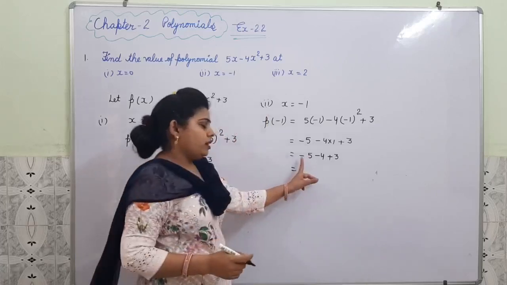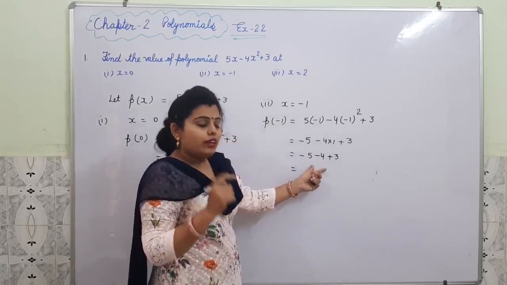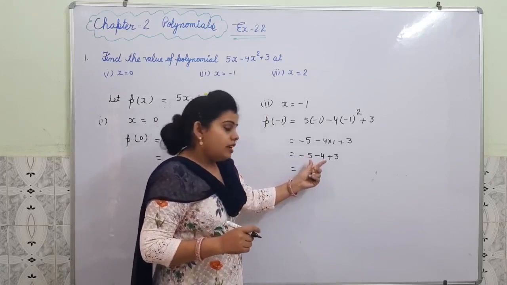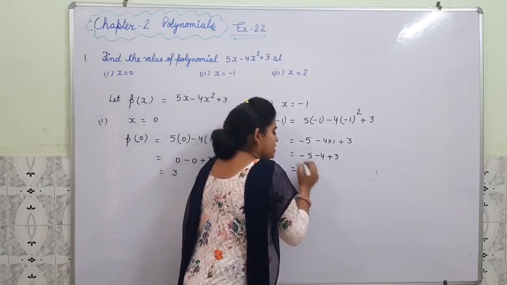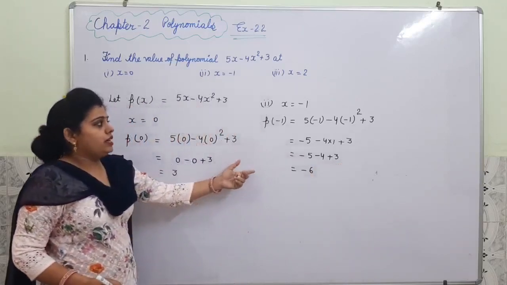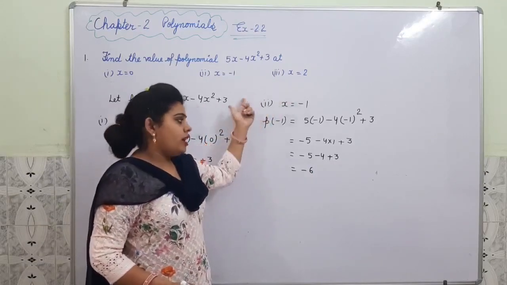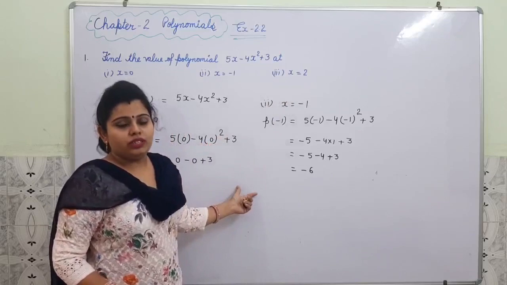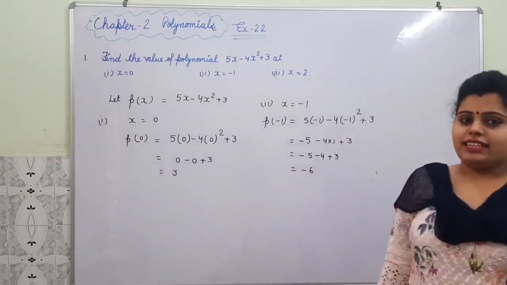Now solve it. Minus 5 minus 4, we will add, minus 9. Minus 9 plus 3 we will get minus 6. It is the second part of this question. Yes, dear students, third part, try it yourself. I hope you can do this. This is our first question of this exercise.